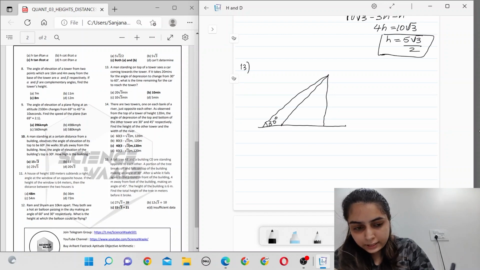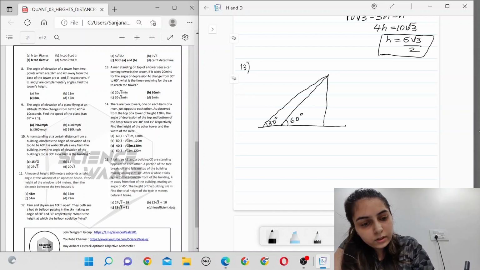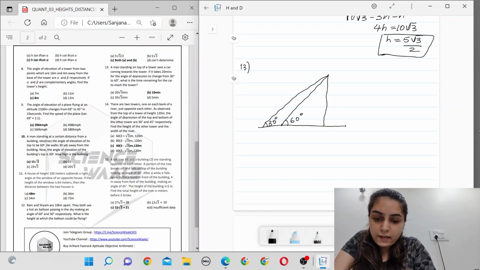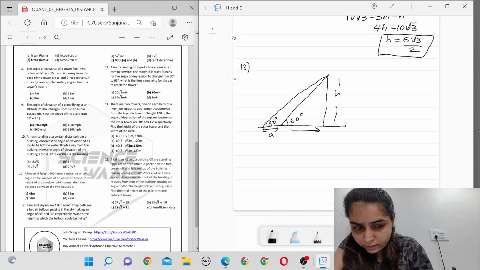First it's at 30 degrees and next it's at 60 degrees. So they are told that it takes 20 minutes to change its angle from 30 degrees to 60 degrees. So let's just assume the height of the tower to be h, this be a and this be b.